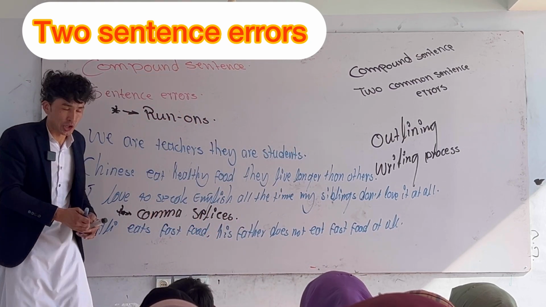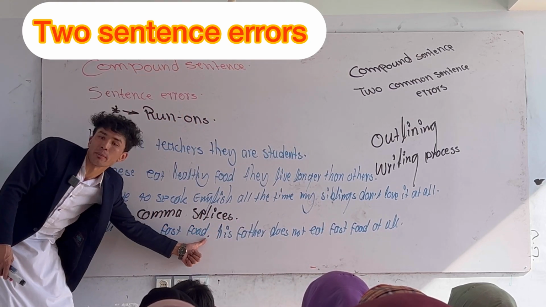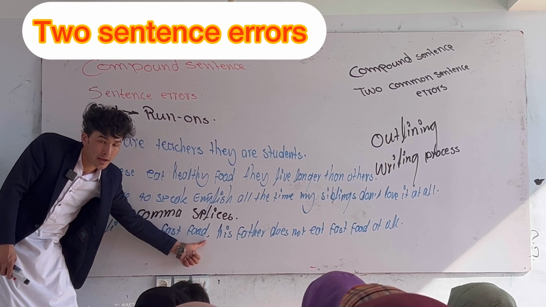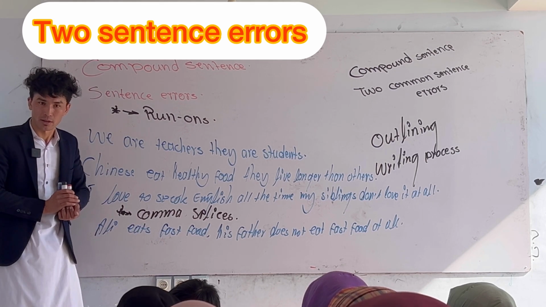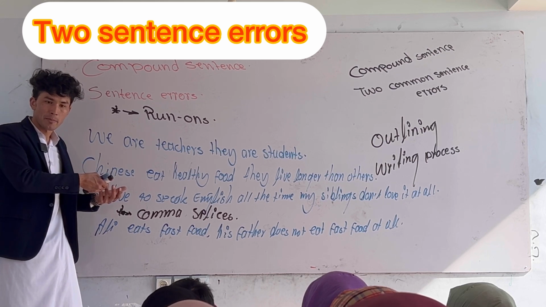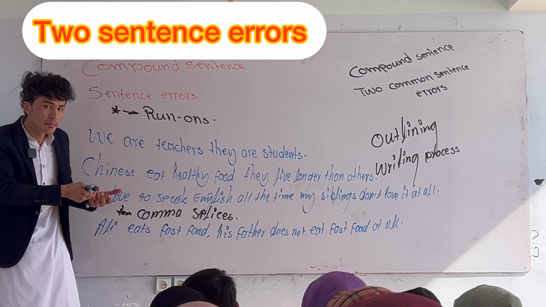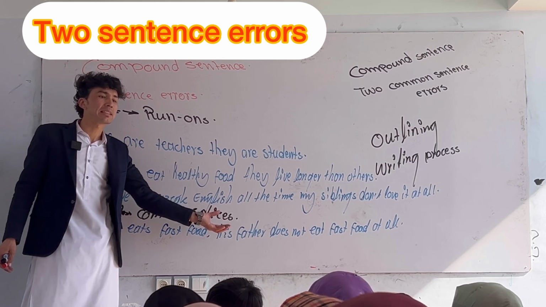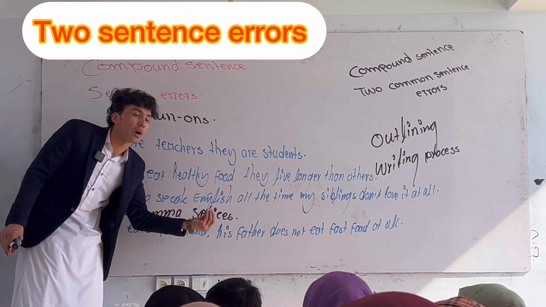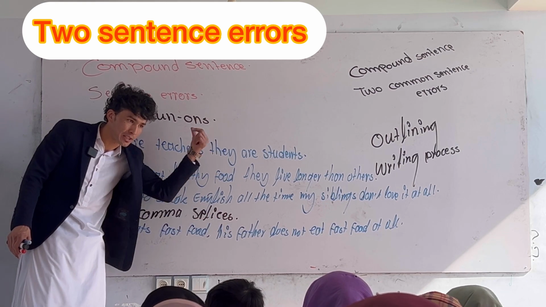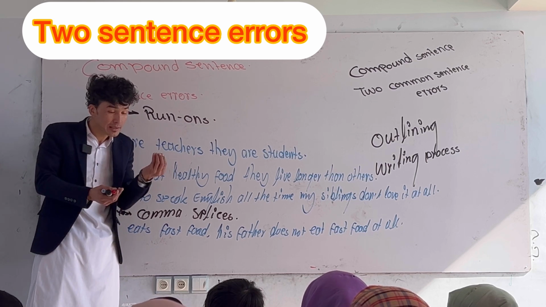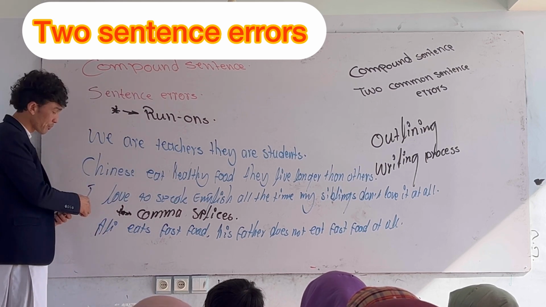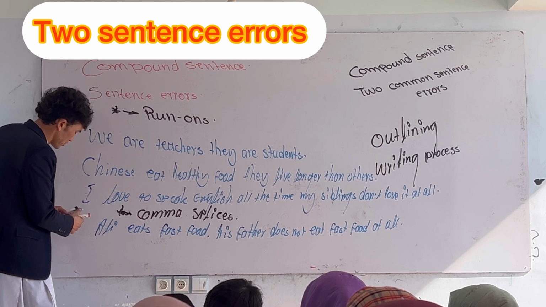Now look at this sentence here. It does have a comma. Where's the comma? Here, right after the first sentence. I think this is not a correct sentence either. What do you think? Okay. What can be the problem? It does not have any conjunction, but it requires one, as I previously talked about compound sentences from the beginning to end. Now you do know what a conjunction is and how it is used. Now look at the second sentence.